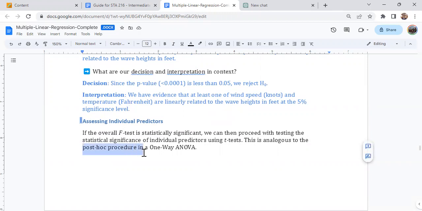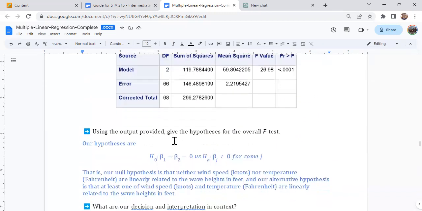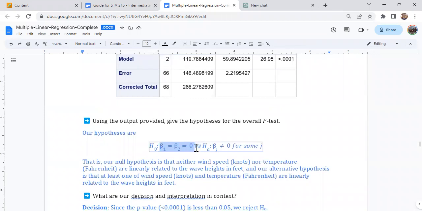If you found a statistically significant f-test, you then conduct all the pairwise t-tests between the groups for one-way ANOVA. The analogous thing in multiple linear regression is that if we found at least one of the slopes differs from 0, we then proceed with a t-test for the individual slopes to see which one is different from 0, since our f-test was significant.